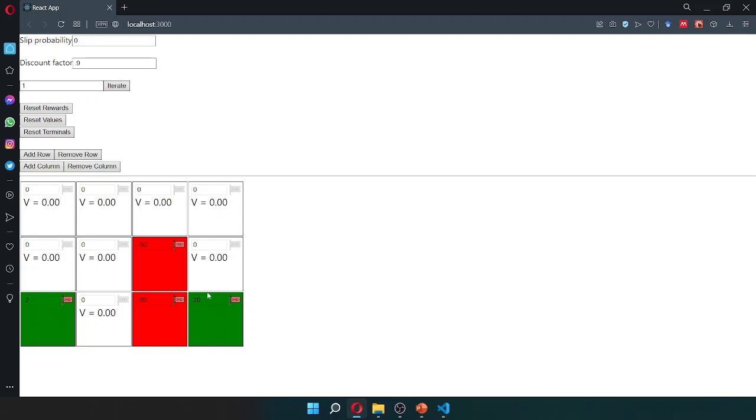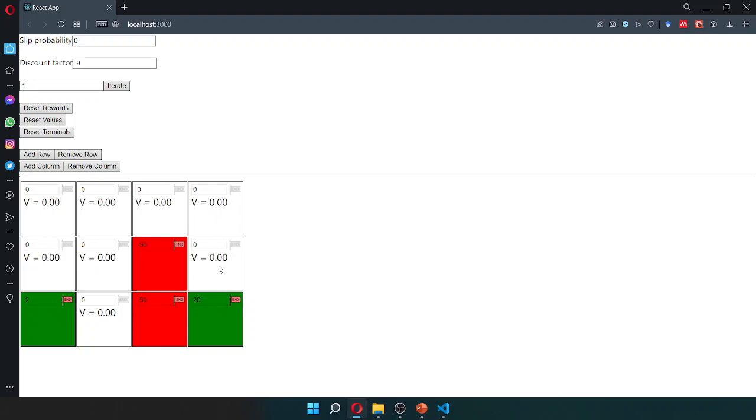If your agent tries to perform the action down, there is a probability, which we will call the slip probability, that the agent will not go to this state and will instead take left, right, or up.